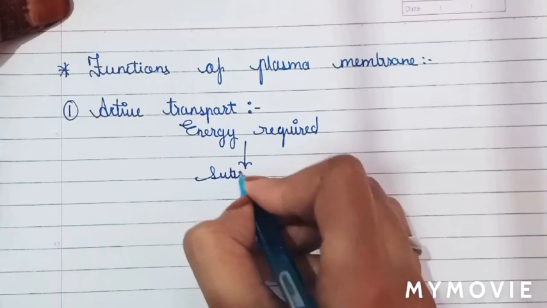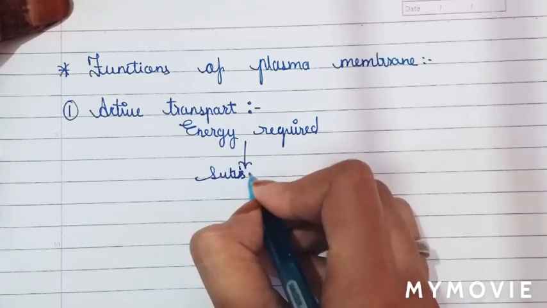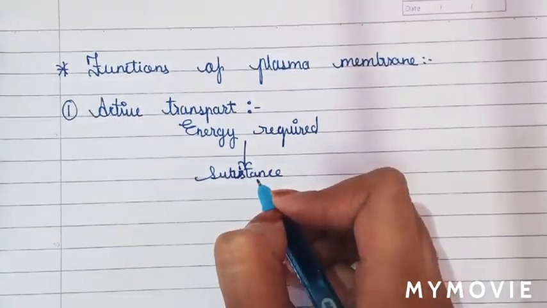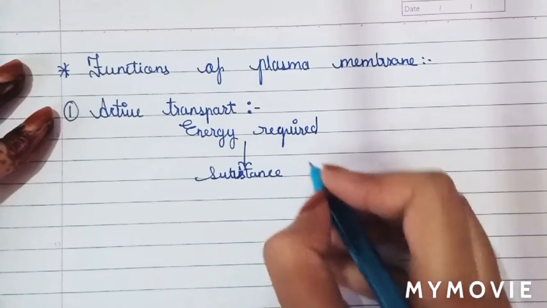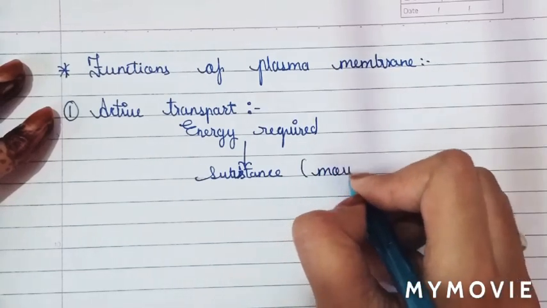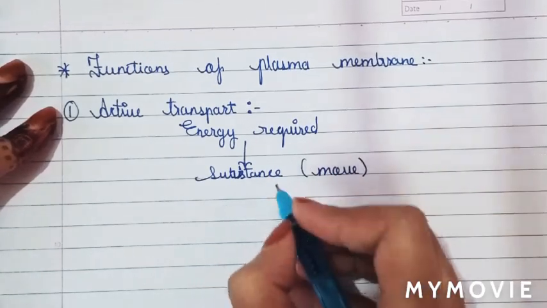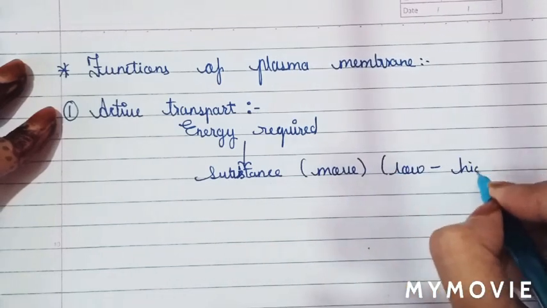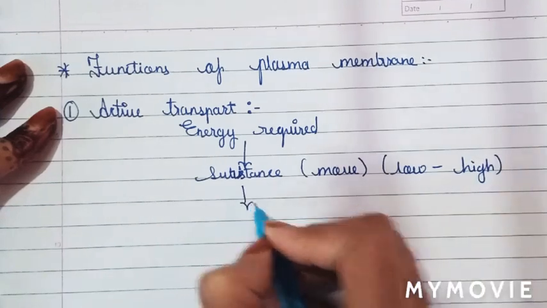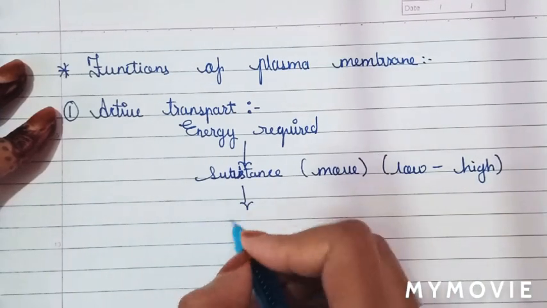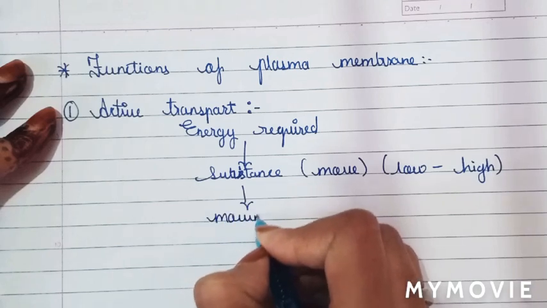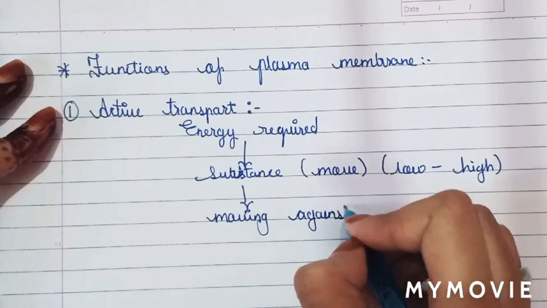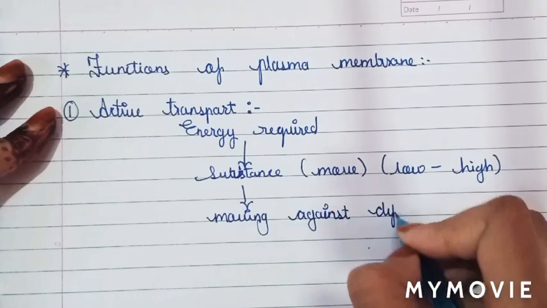Substances move from low to high concentration, moving against the diffusion gradient.